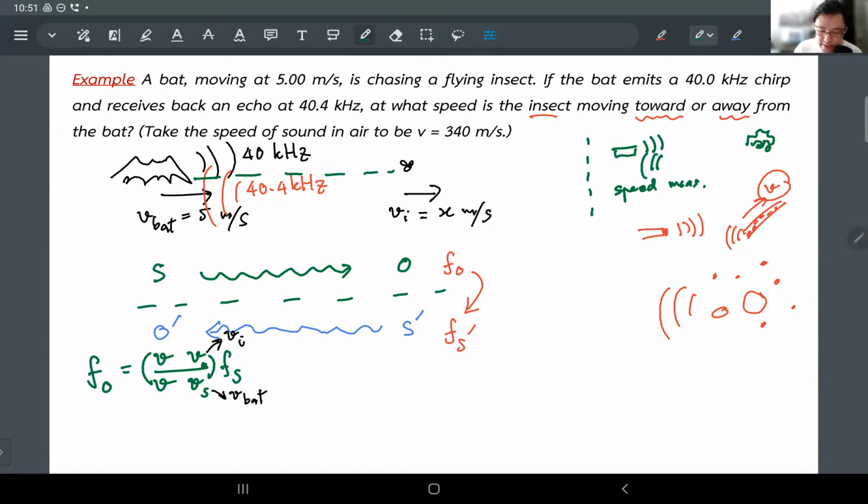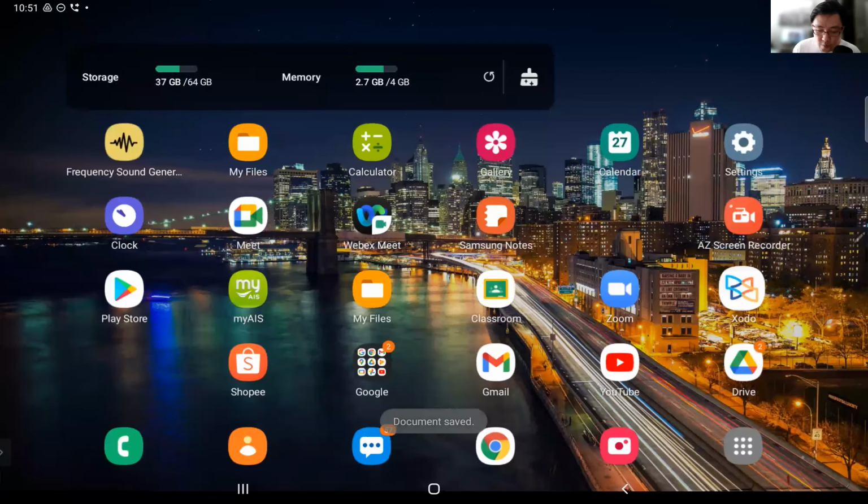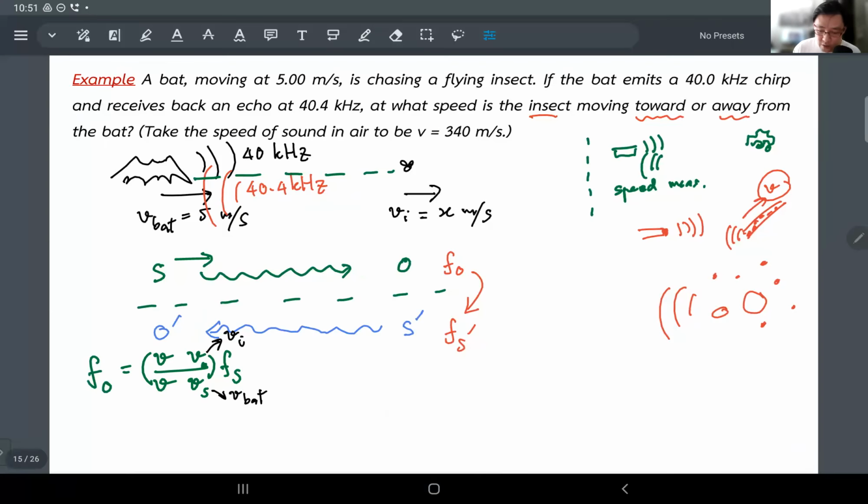So you can see that the source is moving in this direction. And because we don't know exactly what is going on, that's why I put the arrow sign for the insect to be on the right as well, with some X meters per second. So let's take the right direction to be the direction of the insect. So if this is the setup, what should be the sign that we pick, guys?